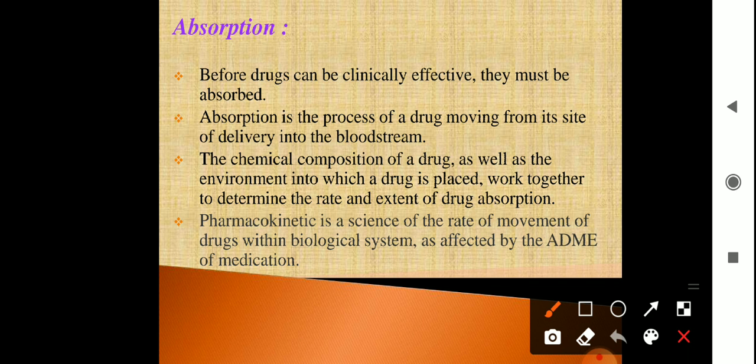The chemical composition of the drug as well as the environment into which the drug is placed work together to determine the rate and extent of the absorption.